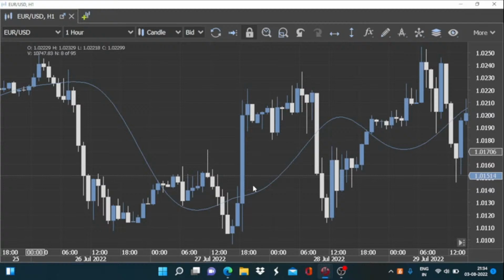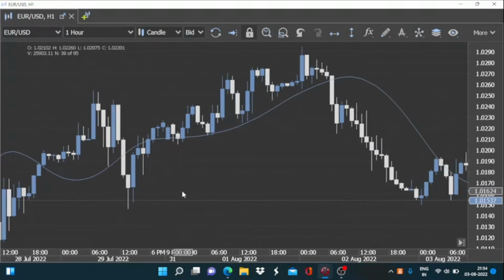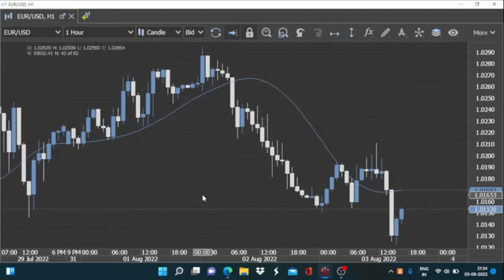This indicator's purpose when it was developed is precisely that, to cancel out the noise to the extent possible. You can't really cancel it out all the time, but as far as possible, this indicator tries to do that. So there is more approximation of the price formation.